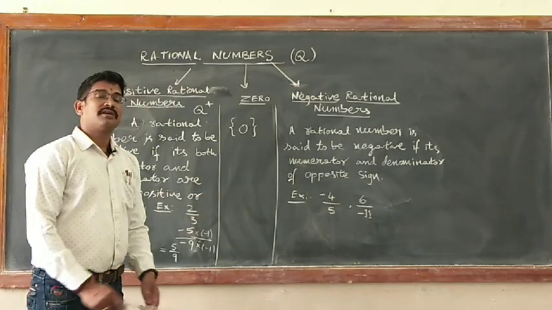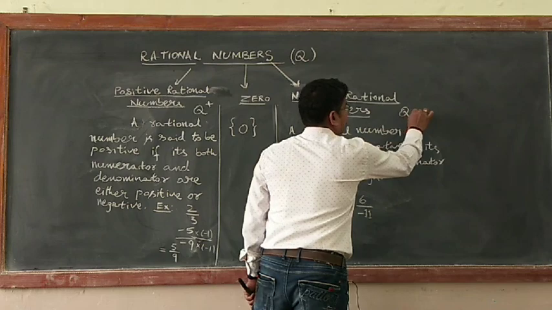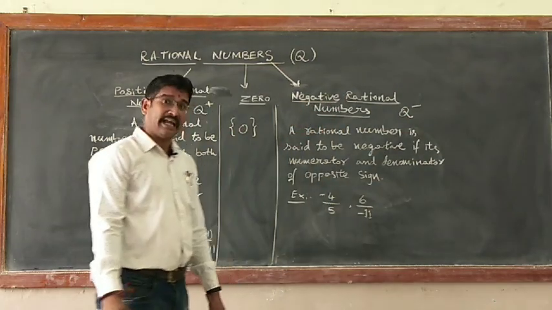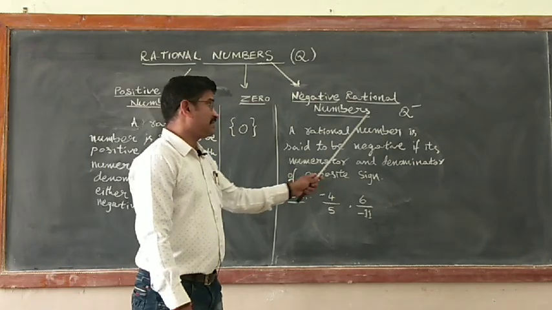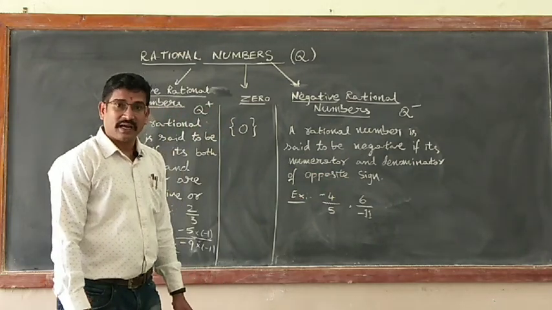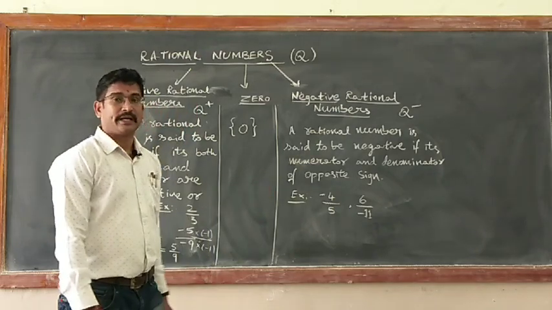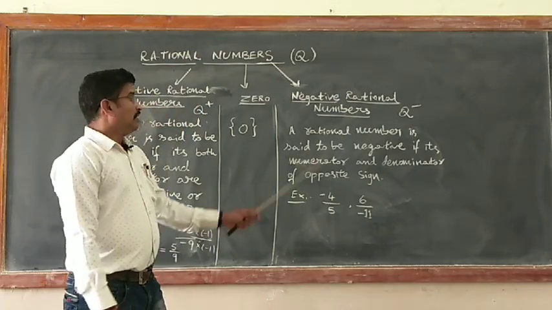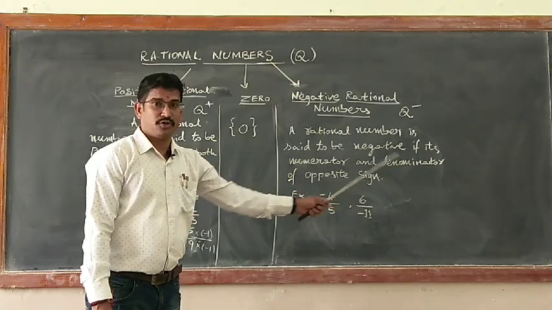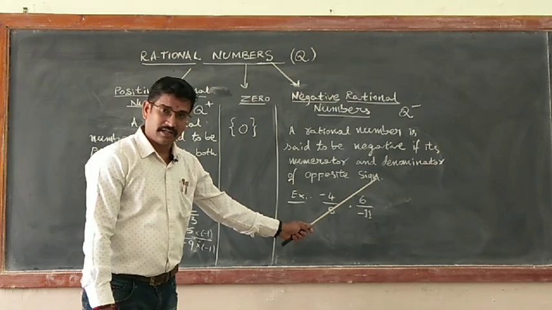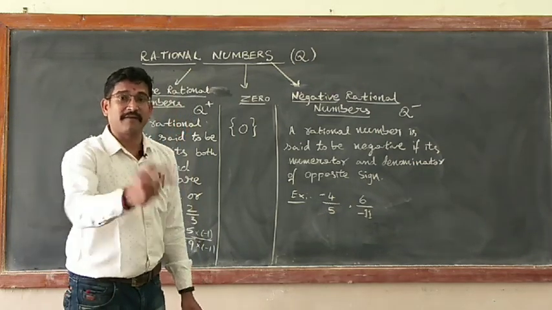Next, rational numbers are subdivided into the next type, negative rational numbers. The negative rational number set is represented by the sign Q minus. What is the meaning of a negative rational number? A rational number is said to be negative if its numerator and denominator have opposite signs, which means different signs.